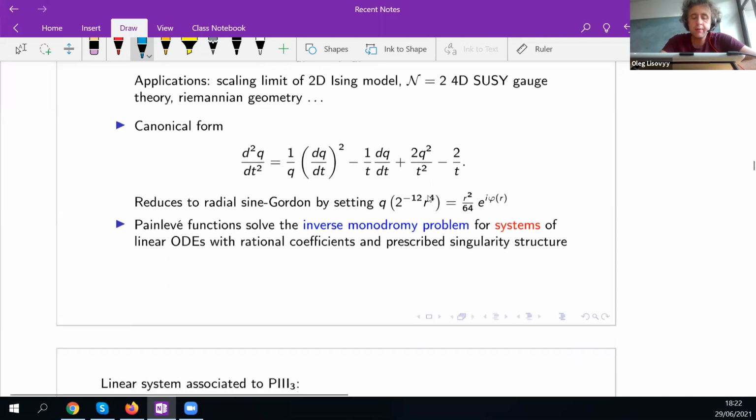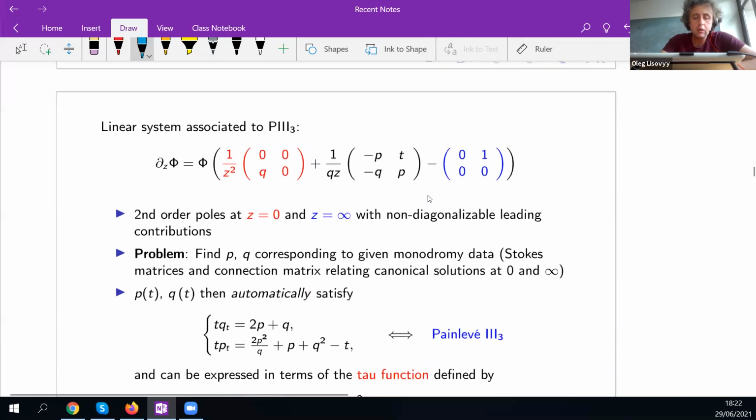And this Painlevé 3-3 corresponds to linear systems of this form. So you see we have two irregular singularities at 0 and at infinity. And the corresponding coefficients are non-diagonalizable.